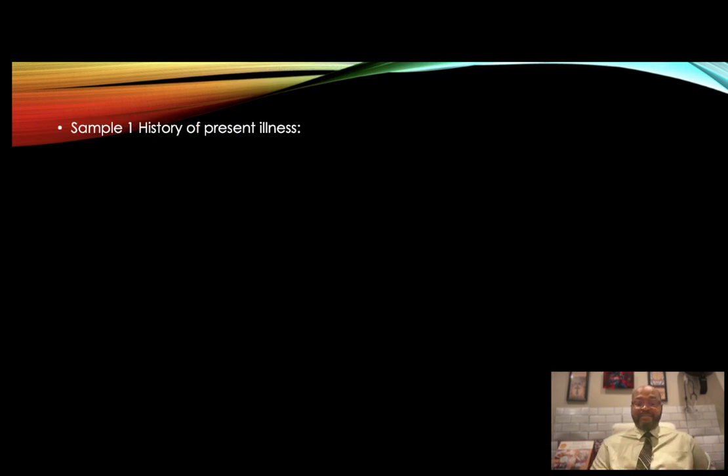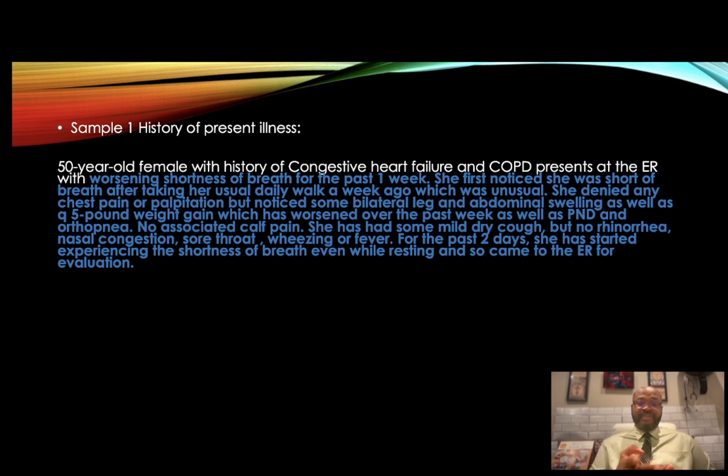So let's look at a sample history of present illness and go through those components we talked about. This says 50-year-old female with history of congestive heart failure and COPD presents at the ER with worsening shortness of breath. So you can see how the past medical history mentioned is related to the presenting complaint, which is shortness of breath.